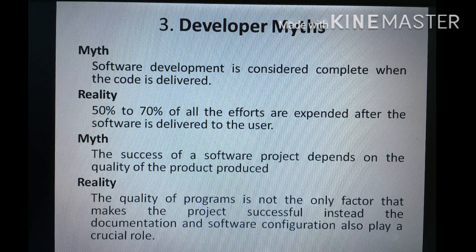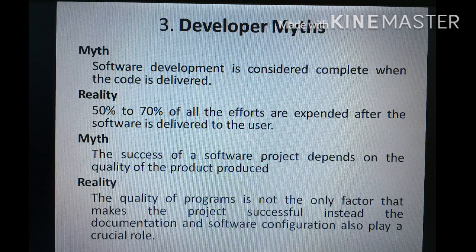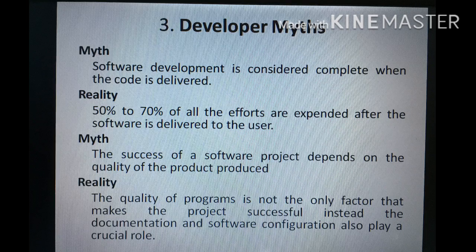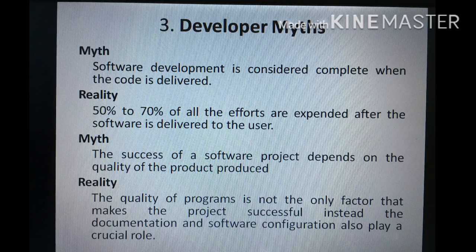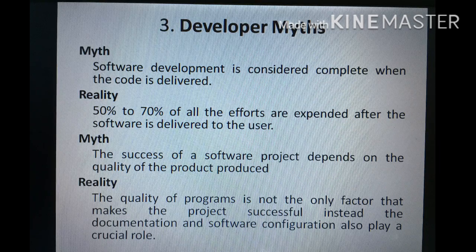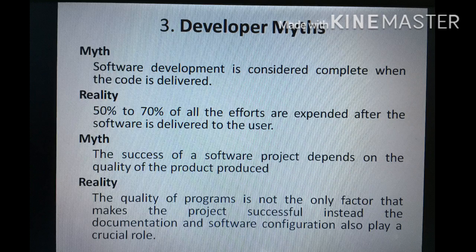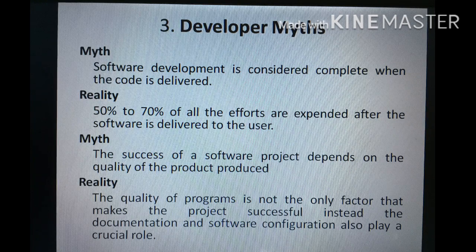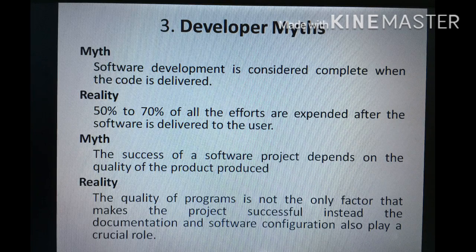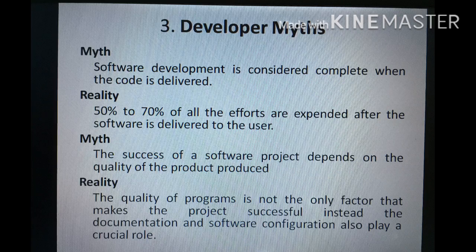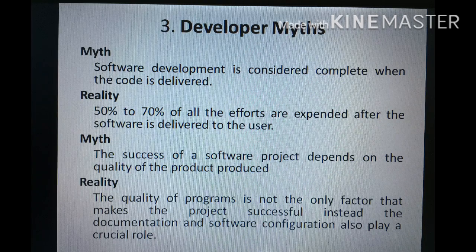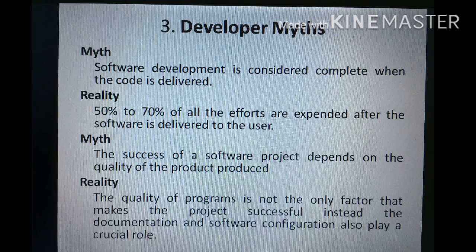The second one is that the success of the software project depends only on quality. The reality is, quality is a factor, but not the lone factor. Proper documentation is another important factor that affects the quality of the software.